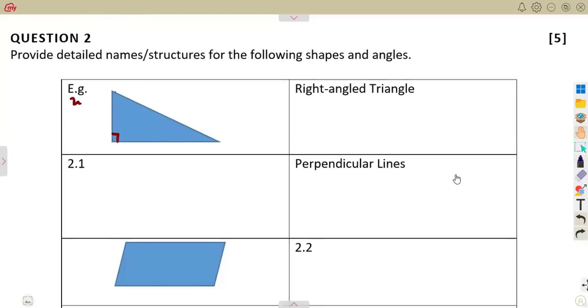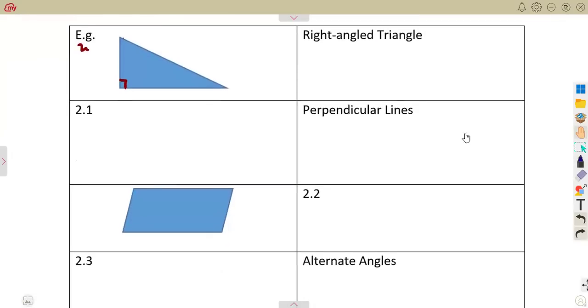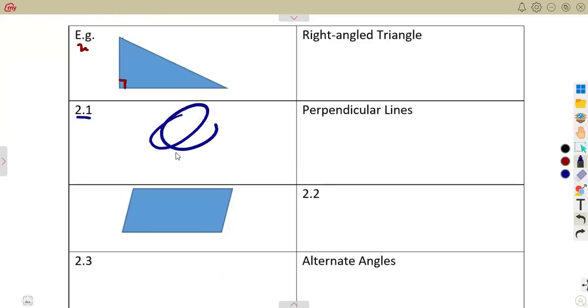So let's check on this one. On 2.1, let's start with 2.1, perpendicular. There's nothing here, so they want you to answer here. What is it that you're supposed to answer here? Perpendicular lines. You're supposed to indicate how perpendicular lines are presented.